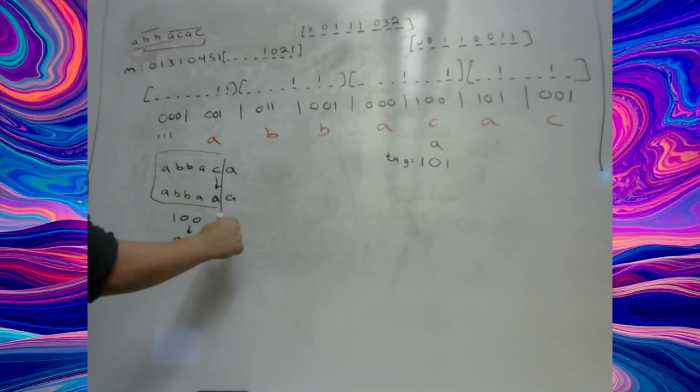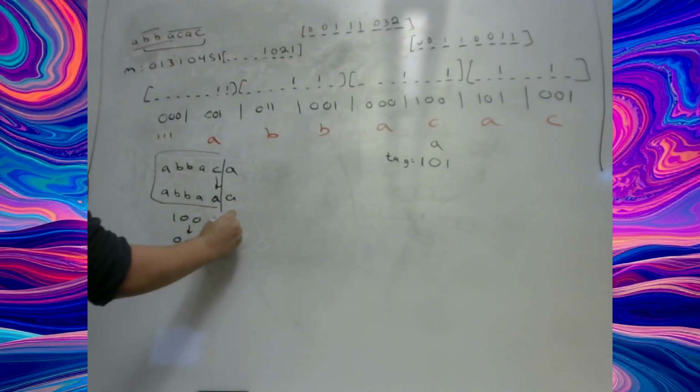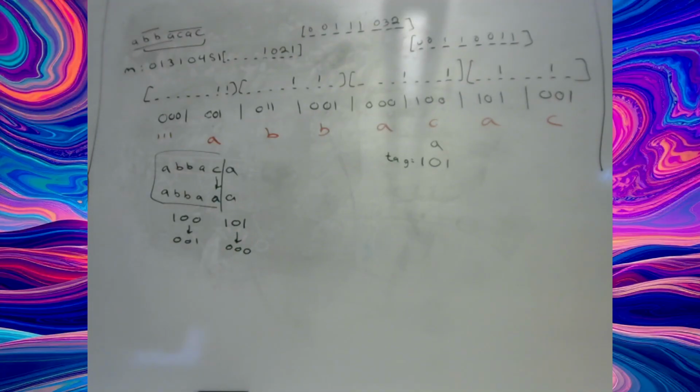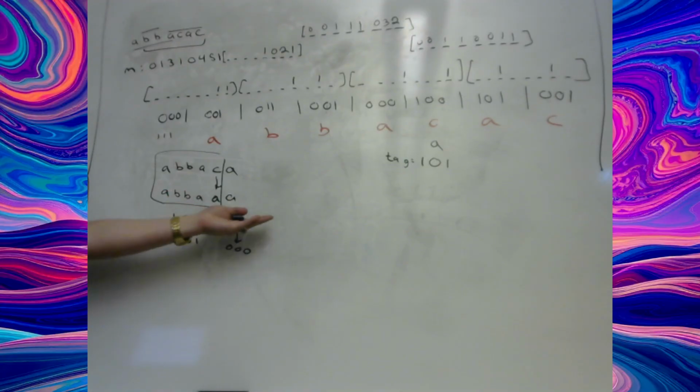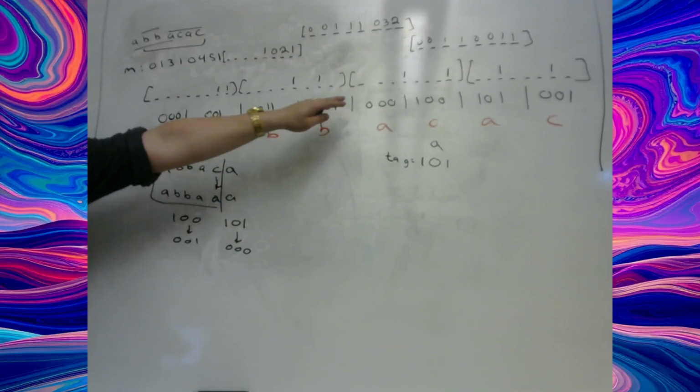And this guy changed from A, B, B, A, C, A. This was 1, 0, 1 to 0, 0, 0. Okay? Let's say there was some number of... like the bin isn't just 1.